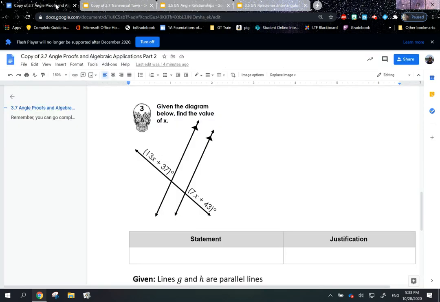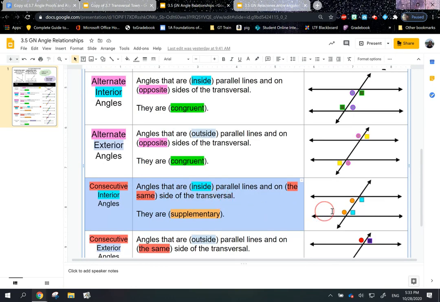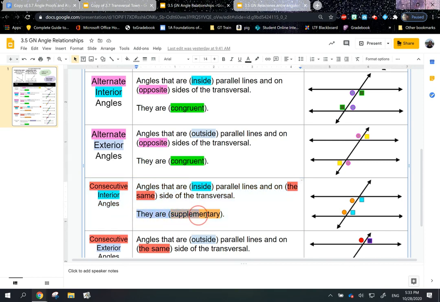So let's find our transversal. We have the parallel lines here, so this must be our transversal. And if we look, both of our angles are on the top side of my transversal. So these are same side exterior angles, otherwise known as consecutive exterior angles, and we know that they are supplementary.